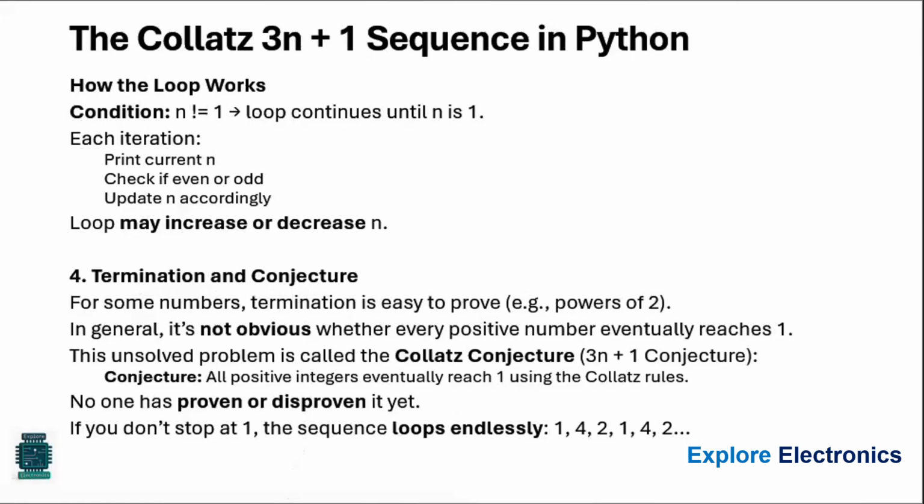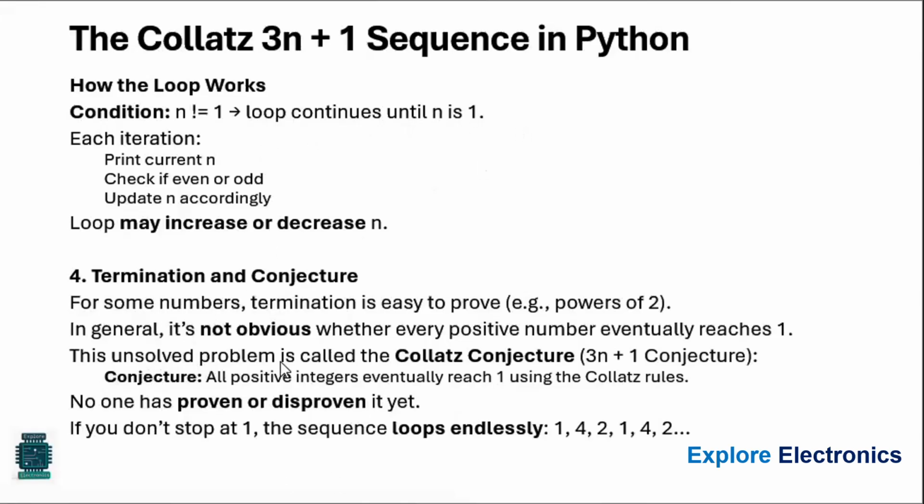Termination and conjecture. For some numbers, termination is very easy to prove, for example, a power of 2. It will terminate after finding that. In general, it's not obvious whether every positive number eventually reaches 1. We are not sure we will reach 1 at the end.